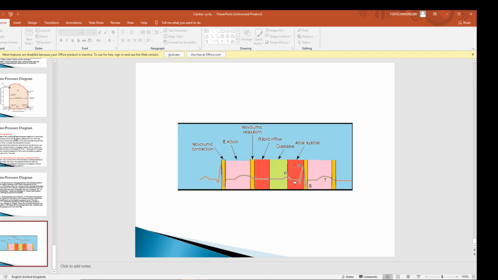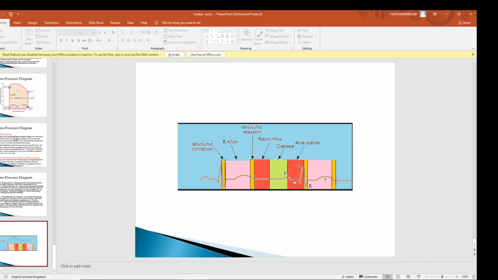So again, you can see how the ECG is represented by the different phases in the cardiac cycle. You can see the period of isovolumic contraction, there is ejection, isovolumic relaxation, there is rapid inflow, there is diastasis, then atrial systole.